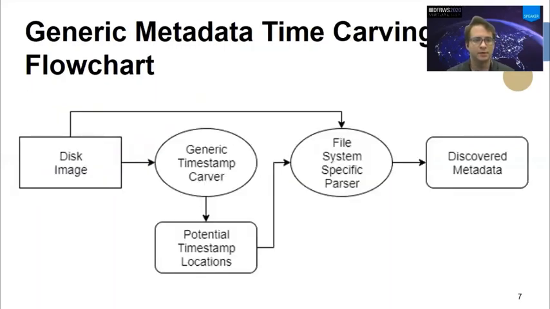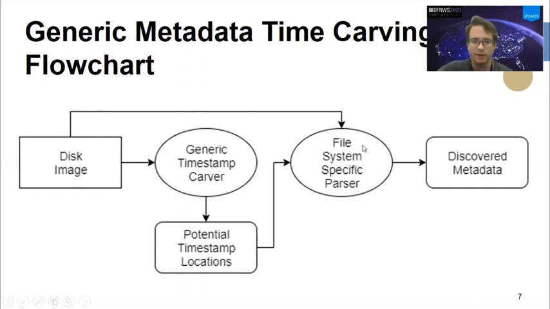So this is a bird's eye view of our entire methodology for generic metadata time carving. You have your disk image, and we apply the generic components of our method, this generic timestamp carver, which then produces a list of potential timestamp locations. You can try to use this to find and identify metadata entries, but it's going to include many, many false positives.